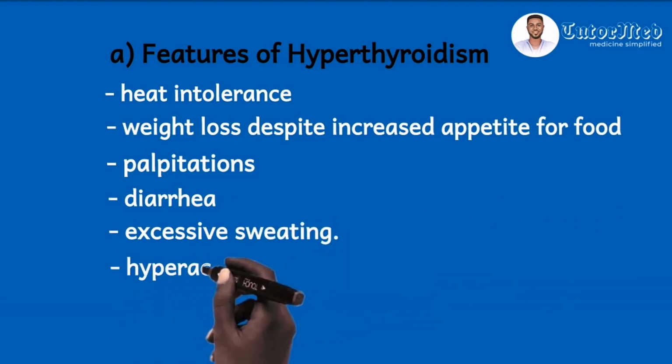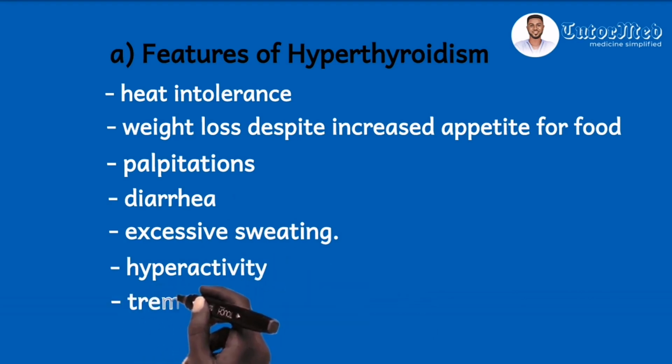There might be hyperactivity, tremors. And so these are a few features of the hyperthyroidism, and this is linked to increased adrenergic stimulation. This list is not exhaustive, but these are a few symptoms. There may be nervousness as well.